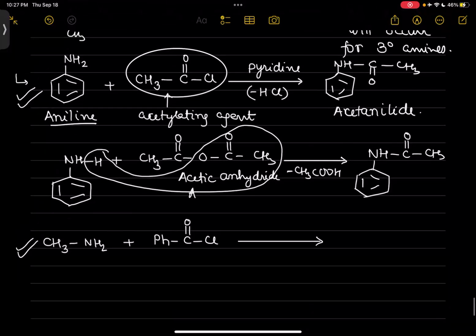Just follow the same strategy which we used in the above question. How are we going to write the product?